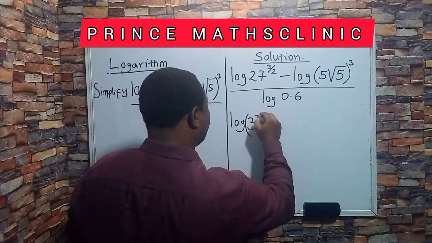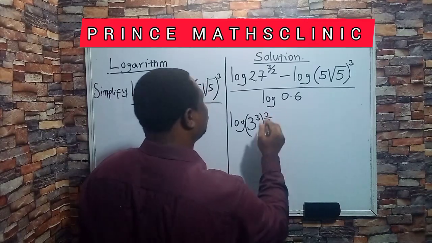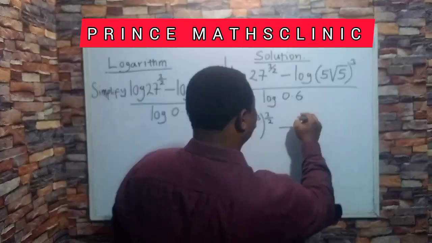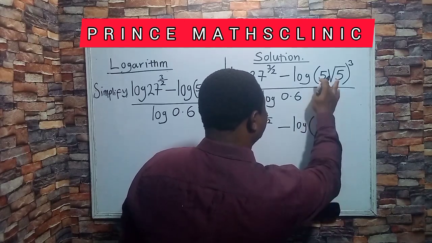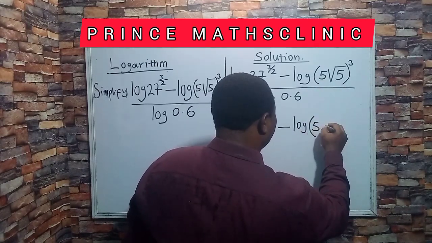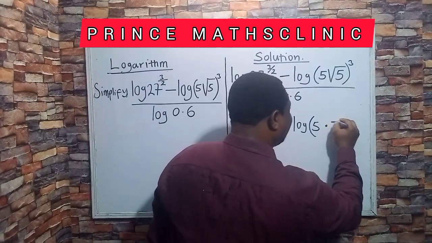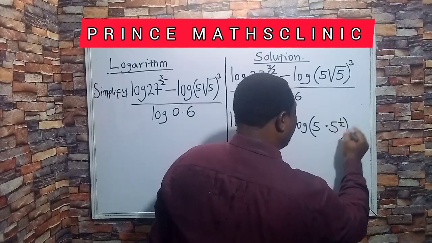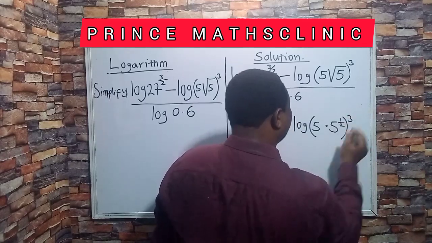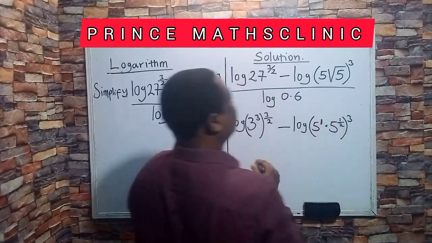Now there is a power here of 3 over 2, minus log, I will open a bracket, this 5 I'll write it down, times root of 5 is the same as 5 to the power of half, all to the power of 3. Mind you, this is the same as 5 to the power of 1.